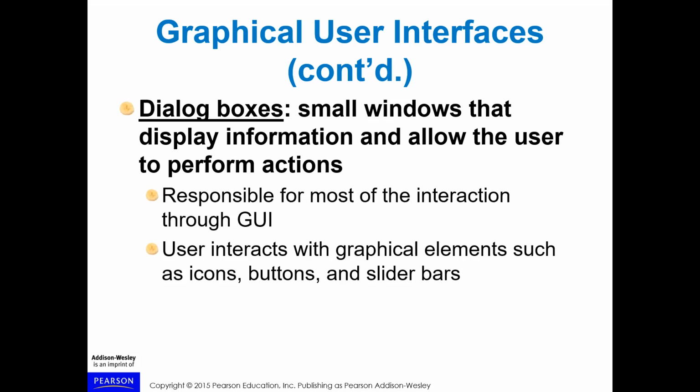They're responsible for most of the interaction through a GUI. The user interacts with graphical elements such as icons, buttons, or slide bars. Really, anything that you can think of that's available in a website makes sense to have available in this environment as well.